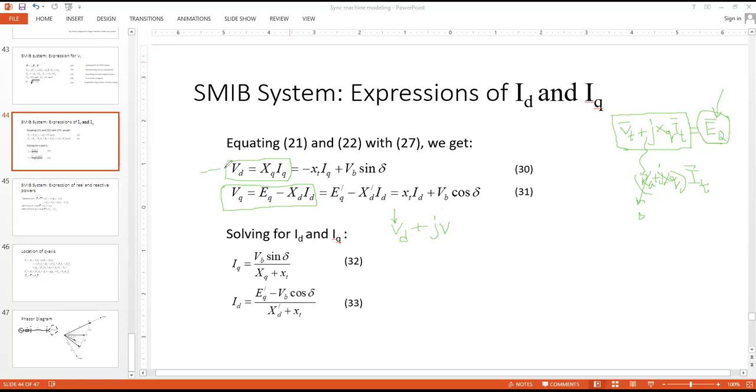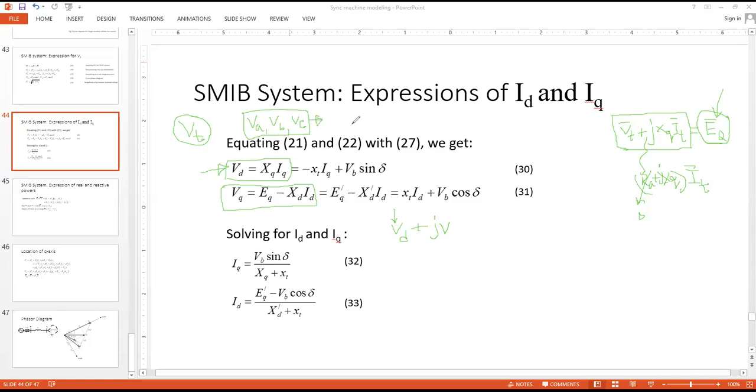So VD, we will assume that this is the D component of a phasor known as the terminal voltage. Remember, VD and VQ are nothing but the resulting D and Q components of the phasor VT, the terminal voltage. Or we can also say it is the result of VA, VB, VC, those three-phase quantities being transformed to the D and Q axis. So VA, VB, VC were the ABC reference frame variables for the voltage.